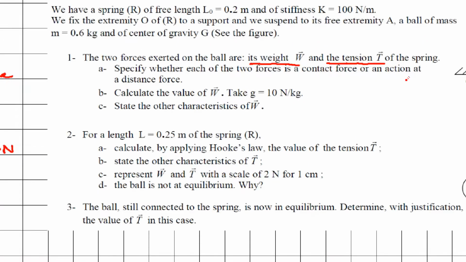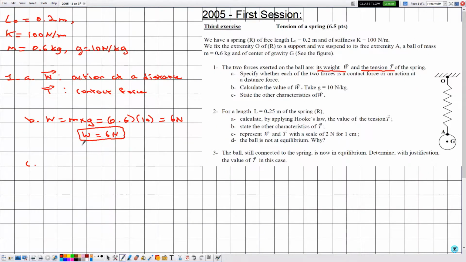Now in part C they are telling me to state the other characteristics of the W vector. In part B we have stated the magnitude of the weight vector W. It's left to state the point of application, the line of action, and the direction.